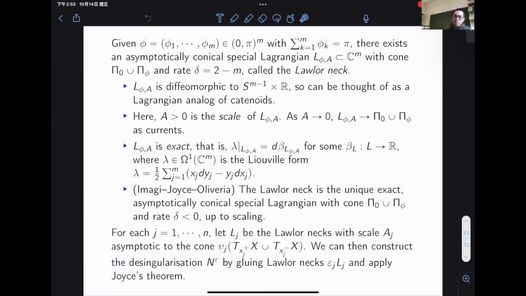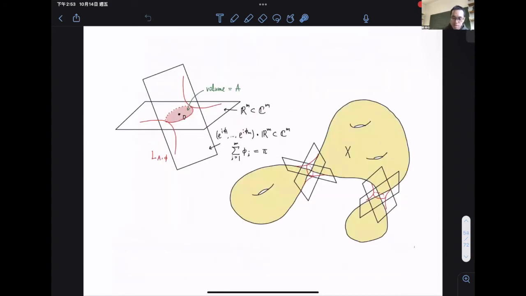So we can use the Lawlor neck to desingularize the immersed points of an immersed special Lagrangian satisfying the angle condition. Okay, so this is a picture illustrating this desingularisation. Here we have these two planes intersecting transversely at the origin.